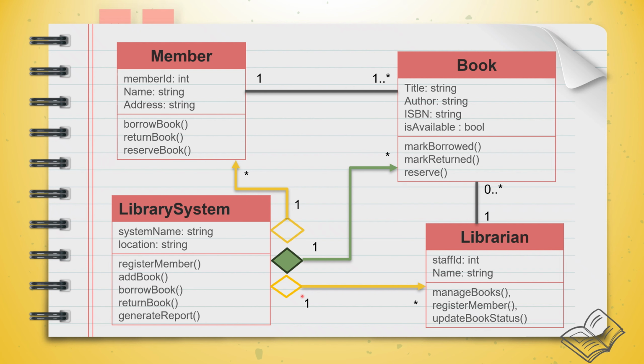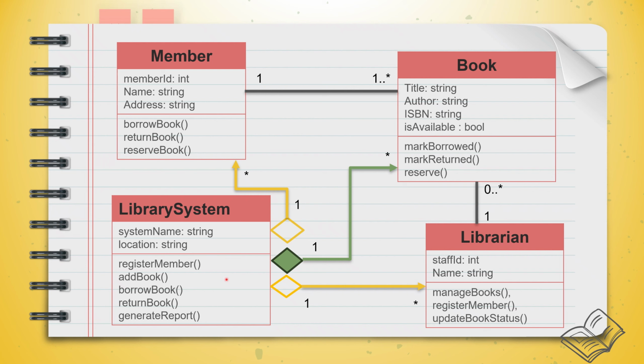And let's see the relationship between librarian and book. This is also an association relationship. A librarian manages books. It means a librarian can add books, remove books and update books. So this is the relationship between librarian and the book. It is a one-to-many relationship.